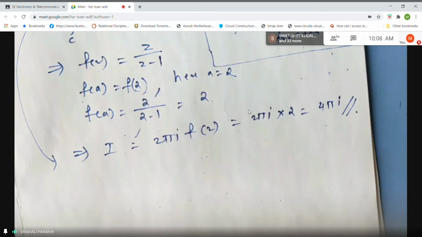Let us do some more, students, so that you will get a hand on it. Some standard ones I am solving. Will you try this?